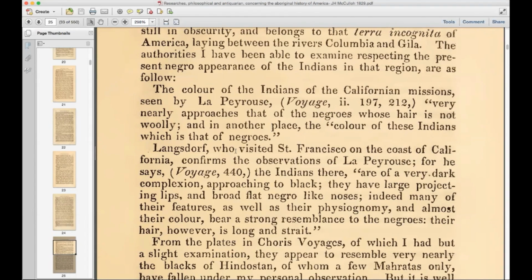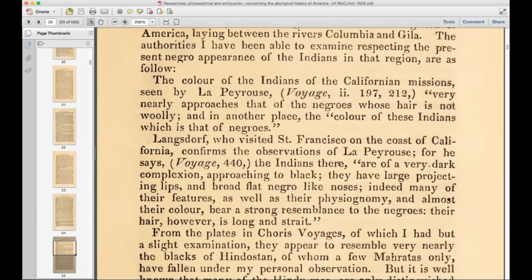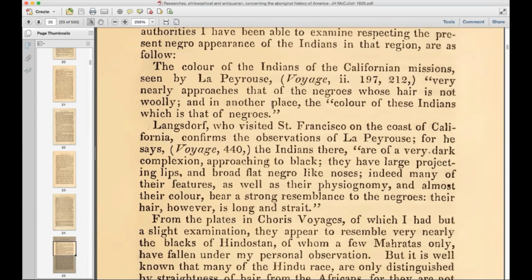Langsdorff, who visited San Francisco on the coast of California, confirms the observations of La Perouse, for he says in Voyage, page 440, the Indians there are of a very dark complexion, approaching to black, so-called black, so-called Negro. Do you remember who you are? They're talking about you.